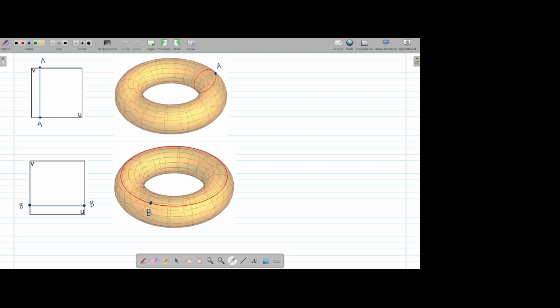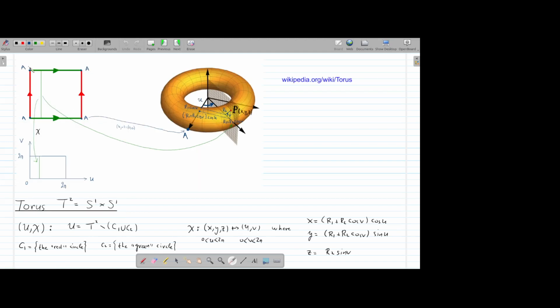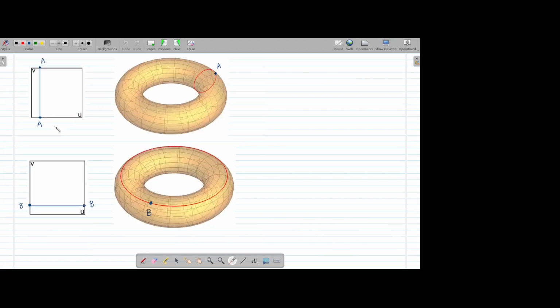But this line here and this line here correspond to the same points due to the identification that we have done between the green lines. So actually, this is a circle.